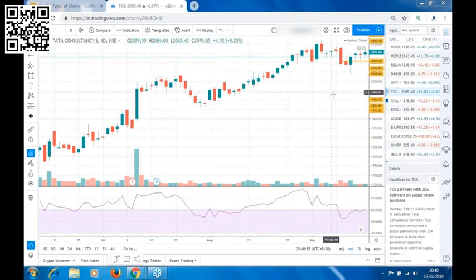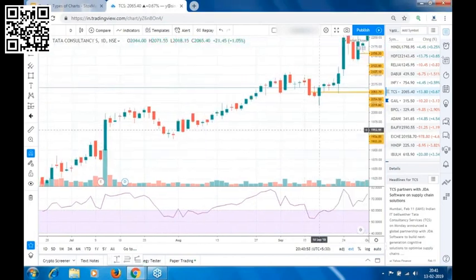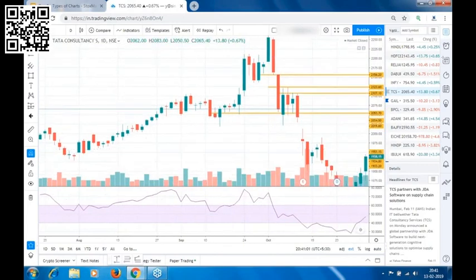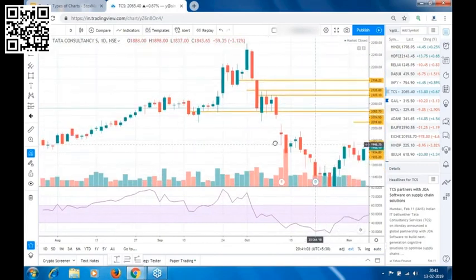Now, I want you to find these candlestick patterns and post them on the Telegram channel.